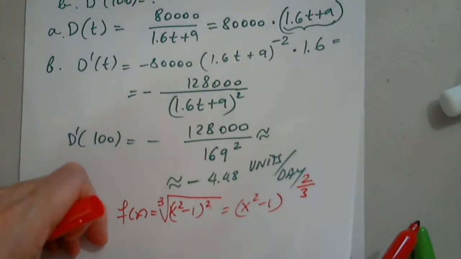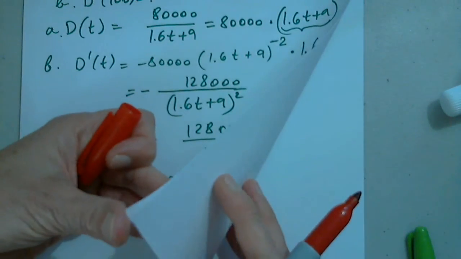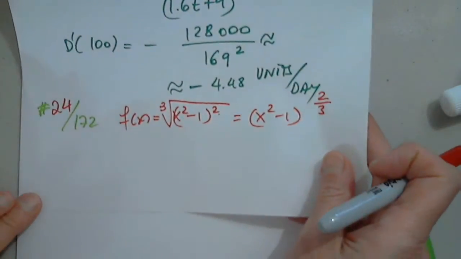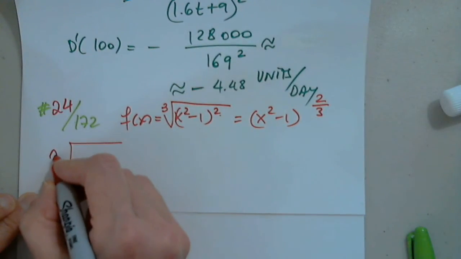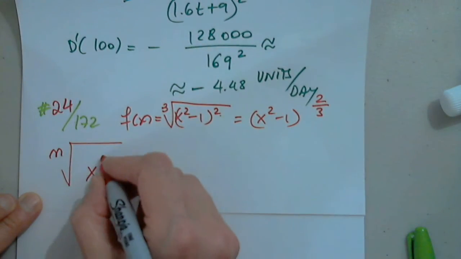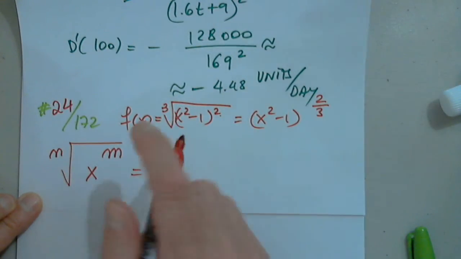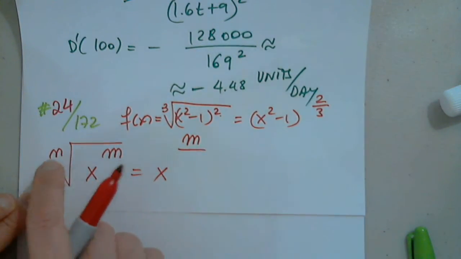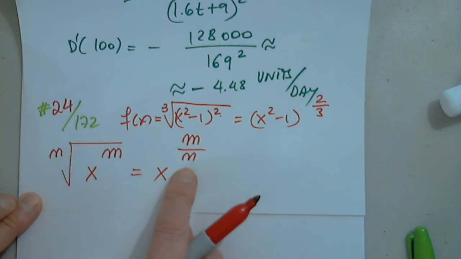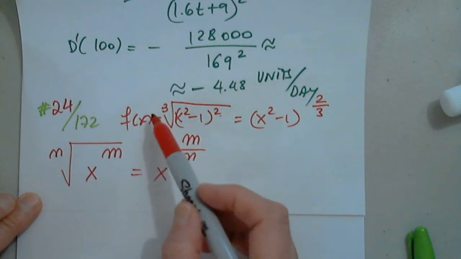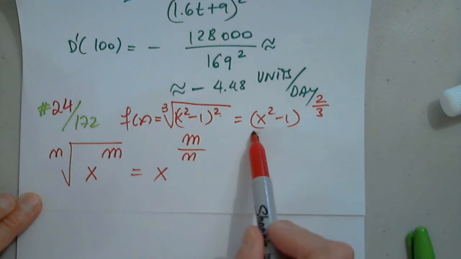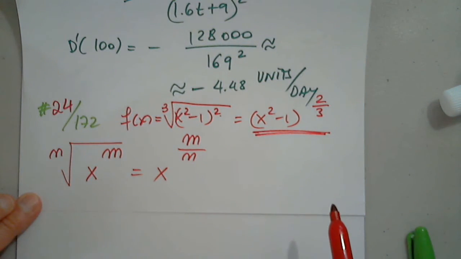So for everyone, as a refresher, the nth root of x to the m is x to the power m over n. The index is always the denominator. So every time I see a radical, I can change it into what it is equal to in an expression which has a fractional exponent, a ratio as an exponent.